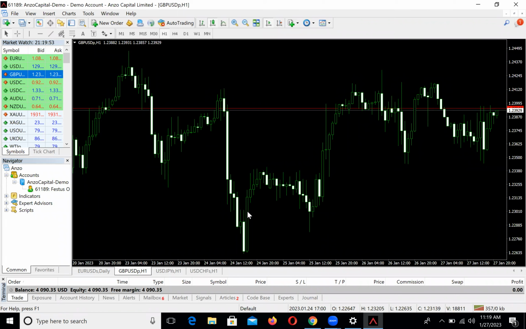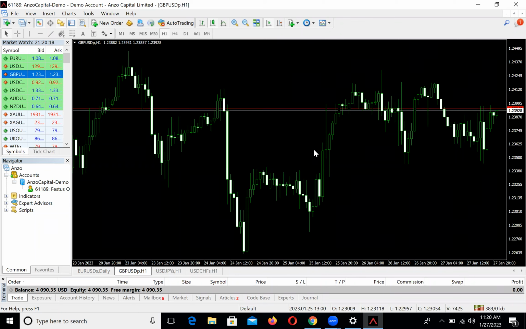Now I like to set up my chart like this. These are the settings I like to use. Let me set up.